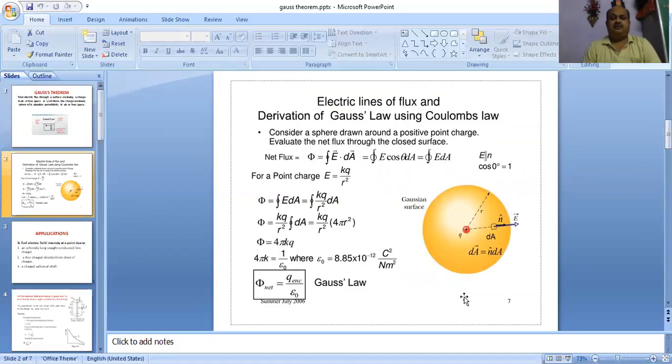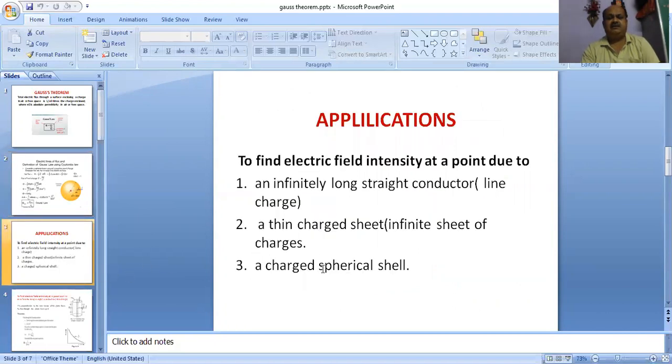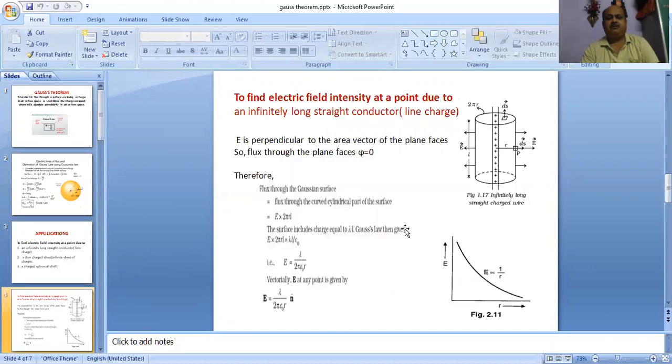Using Gauss theorem, we can find the electric field intensity in three cases that I have told just now. Now look at the first application, that is to find electric field intensity at a point due to an infinitely long straight conductor, line charge.